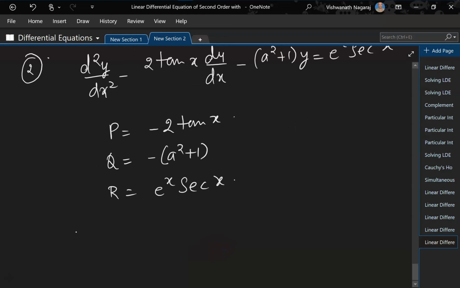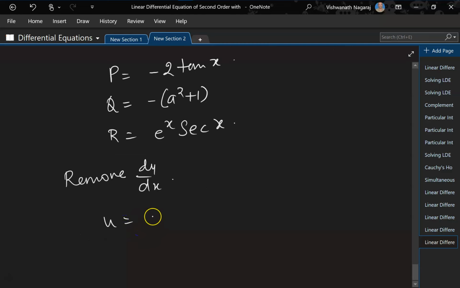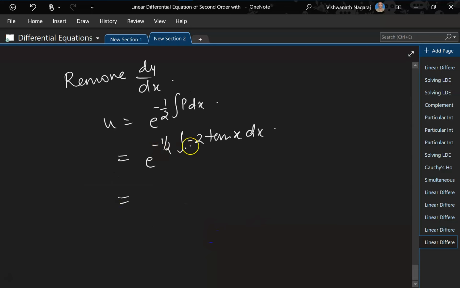Now to remove dy by dx, u would be equal to e to the power of minus 1 by 2 integral of p dx. Now p is minus 2 tan x, and minus 2 comes out, cancellation happens, right? So we are left with e to the power of integral of tan x dx.